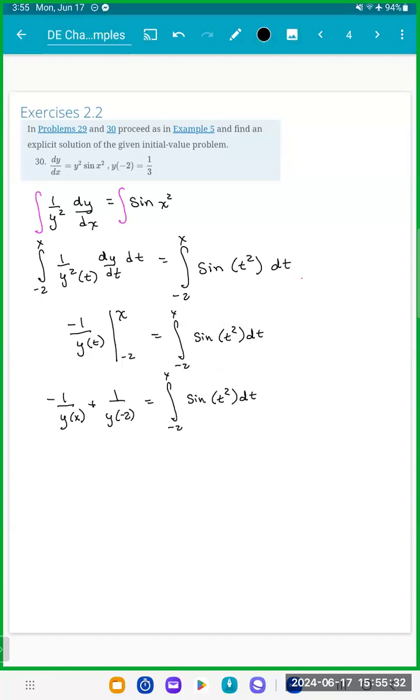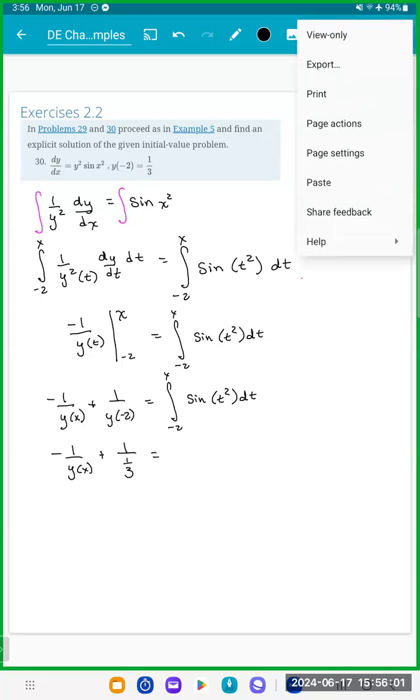Simplifying, we can plug -2 into our original function here. And we were given that y of -2 is 1/3, so we can substitute that out. So we have -1 over y(x) plus 1 over 1/3.